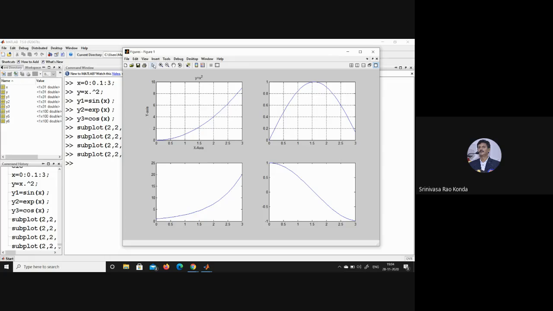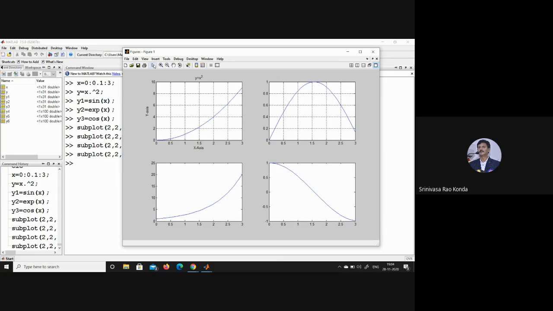This technique is very useful when you want to compare one data with another data, one curve with another curve.